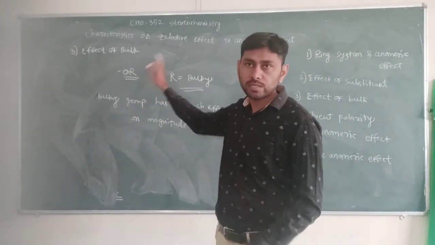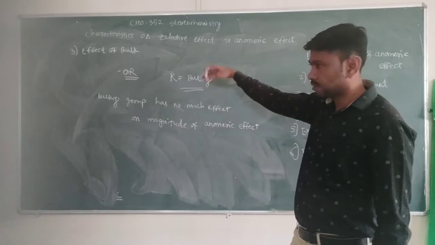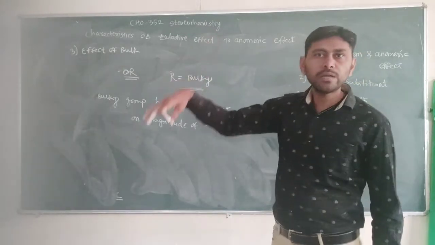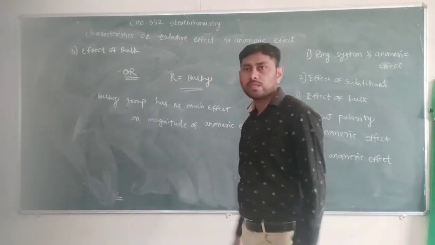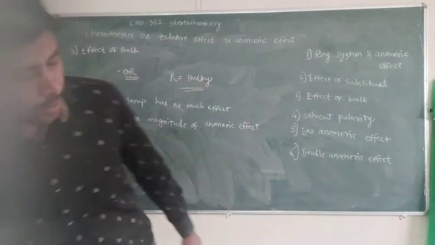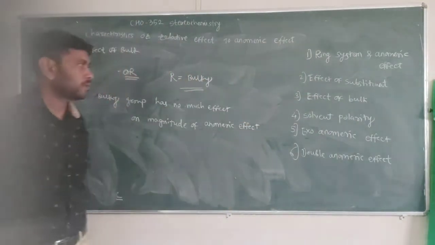When the substituent is OR, it may be bulkier or less bulky, but it has no effect on the magnitude of the anomeric effect. So that is the effect of bulk.